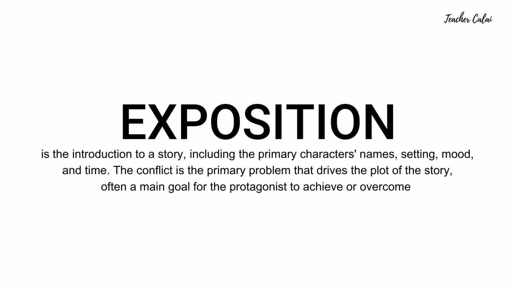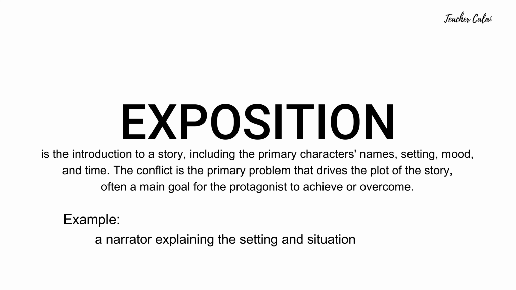The conflict is the primary problem that drives the plot of the story, often a main goal for the protagonist to achieve or overcome. One example of an exposition is a narrator explaining the setting and situation of the characters.